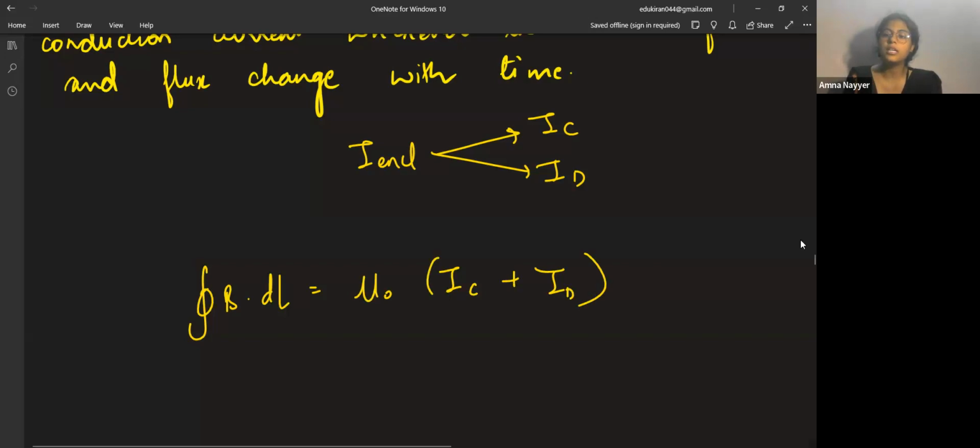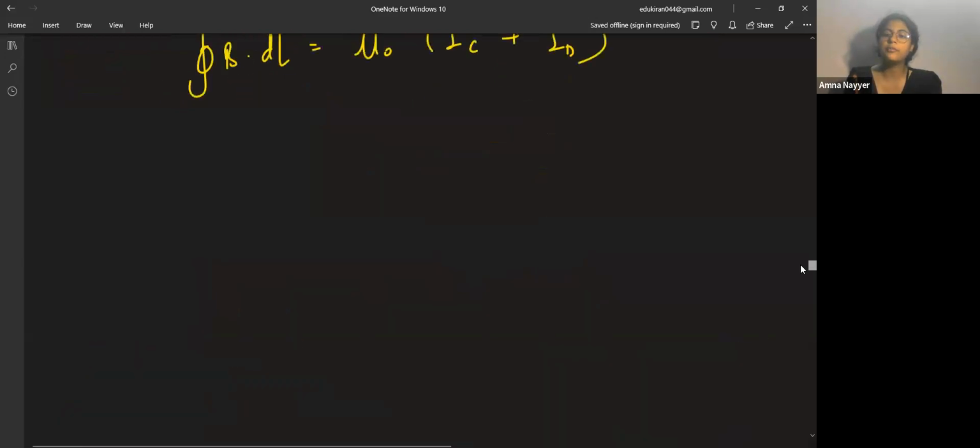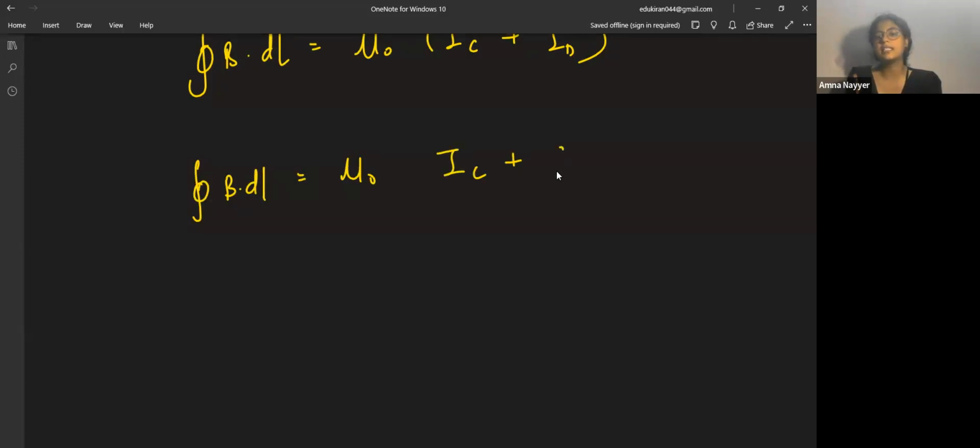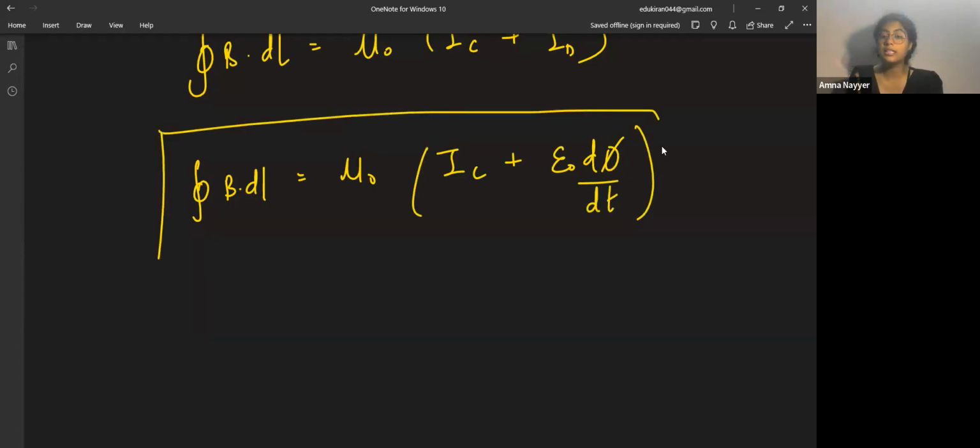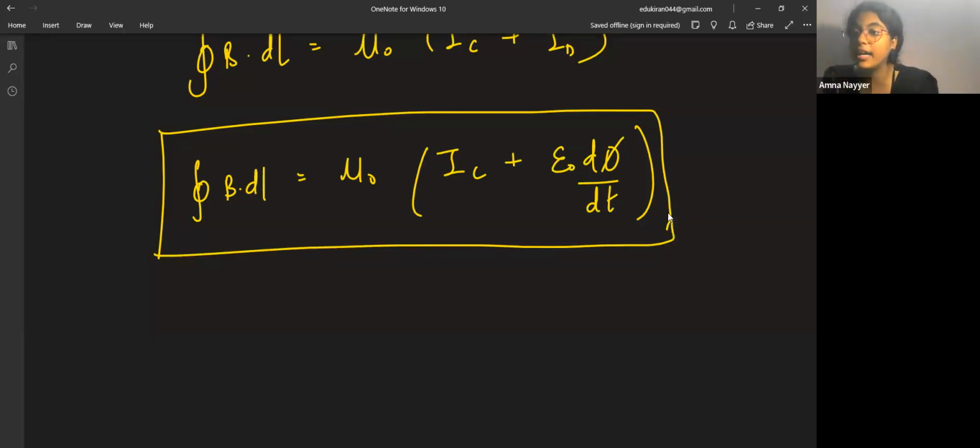So what is your resultant net formula? The resultant final formula is closed integral of B dot dl equals mu naught times conduction current as it is, plus epsilon naught d phi over dt. This is the modified Ampere's circuital law, which you will be using.